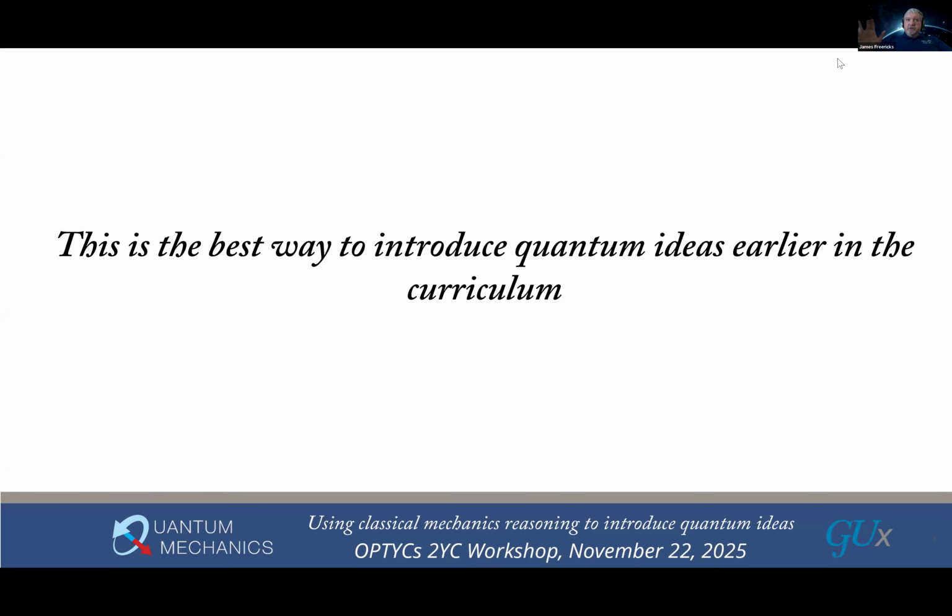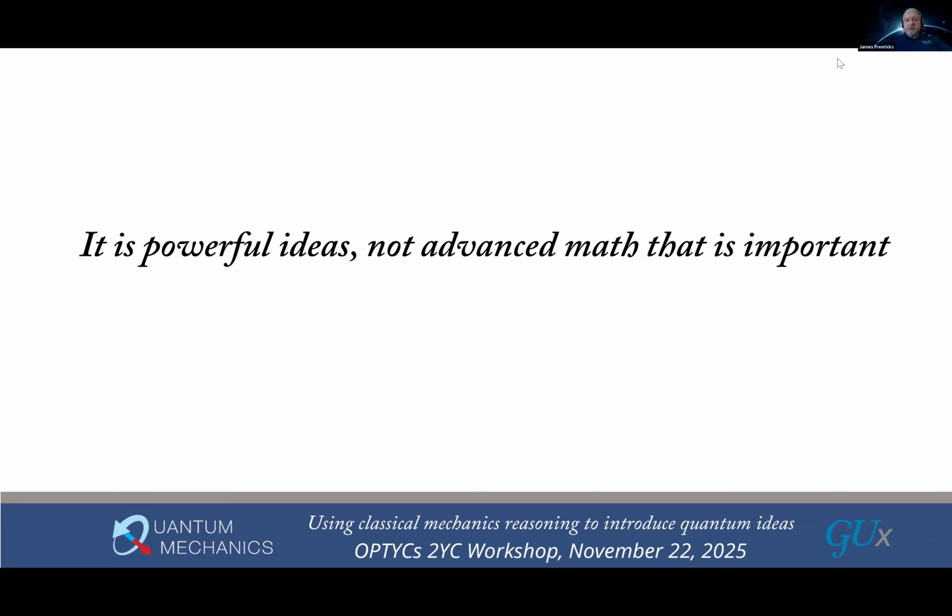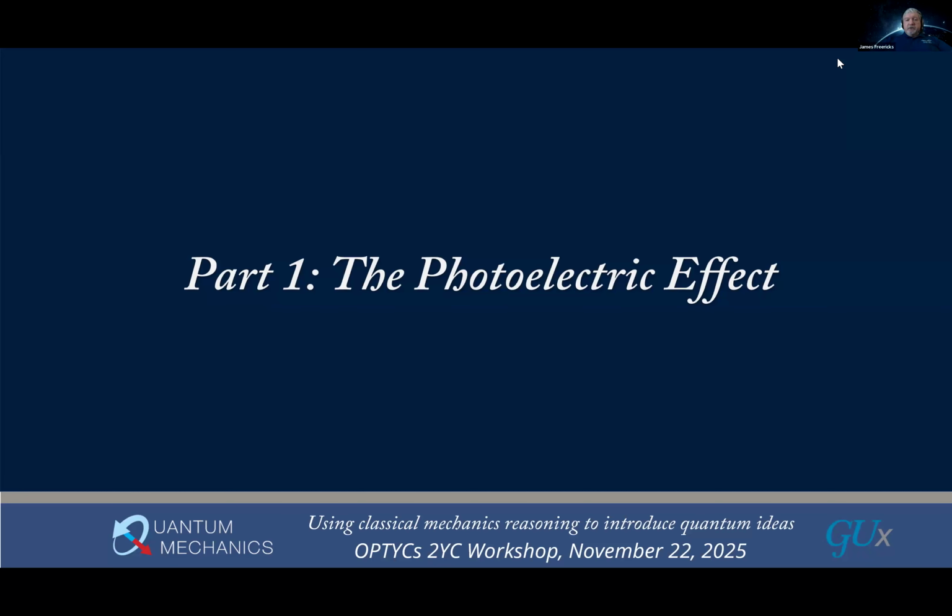Trying to jump into Schrodinger's equation right from the start is usually not the best thing to do with younger students. The philosophy behind this is that it's the power of ideas, not the advanced math, that is important. I'm going to show this to you by discussing two different aspects of photons.